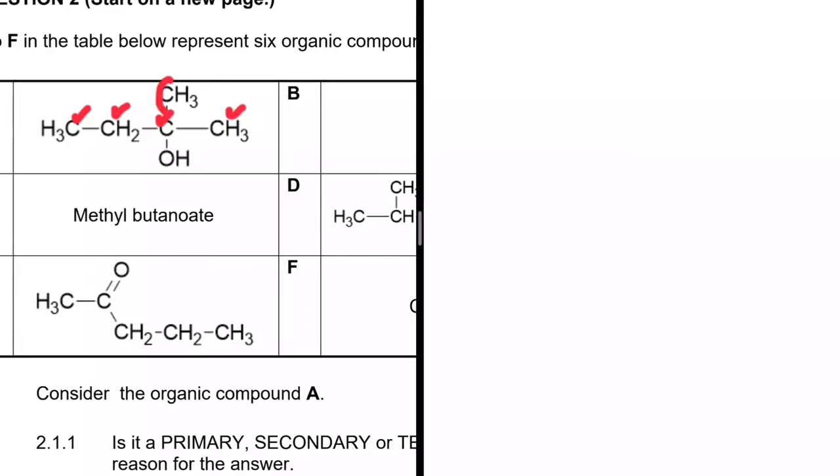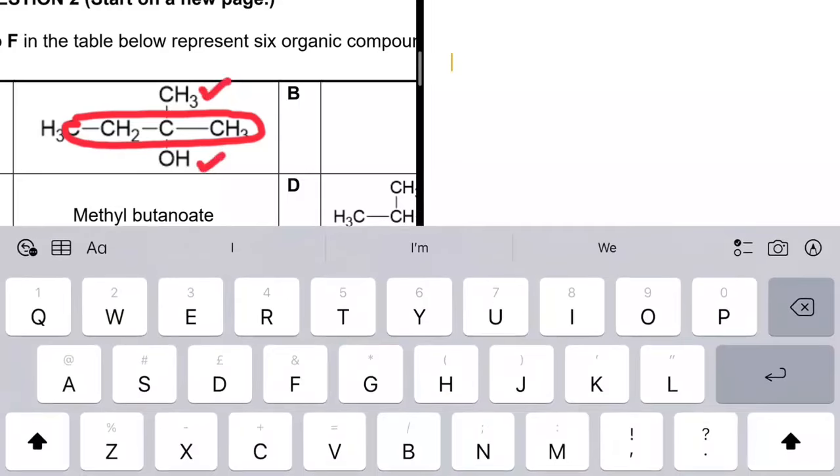We do have a branch here that I'm not accounting for, but we're going to take care of that. Let me just circle that. This is our longest chain. Even though if we go up, we would still get the longest chain of 4 carbons. Let's just take that as our longest chain. And then we have a branch on the second carbon and the functional group. That is what we are dealing with.